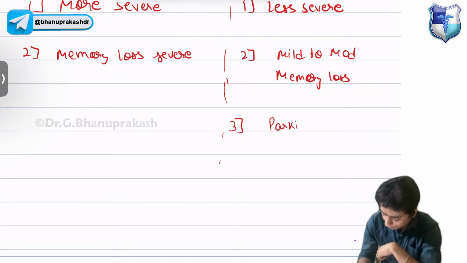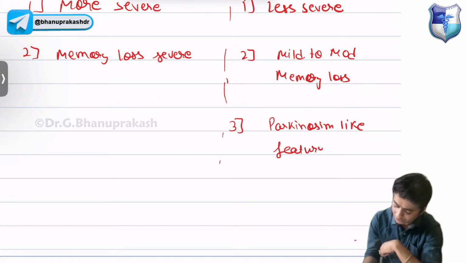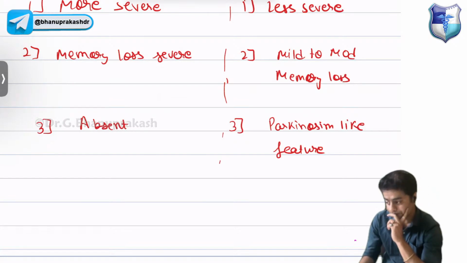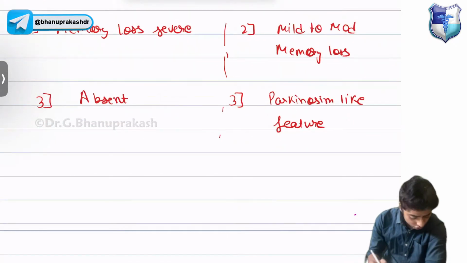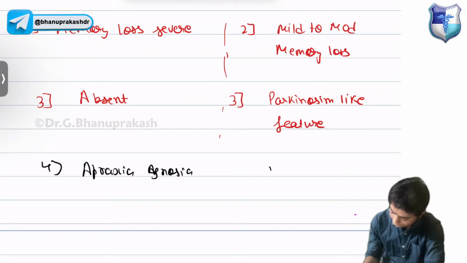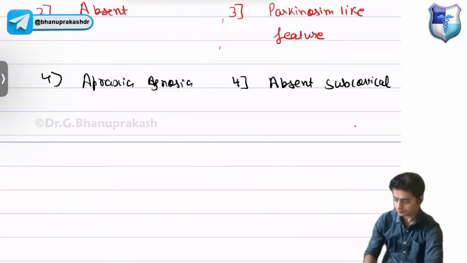Third, as it is subcortical, generally the basal ganglia will be affected, so you will get Parkinson-like features, but these will be absent in cortical dementia. The other thing, your apraxia and agnosia will be there in cortical, but absent in subcortical.